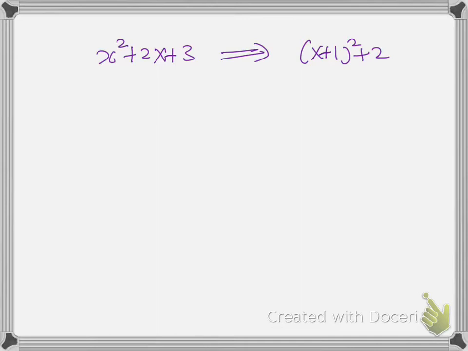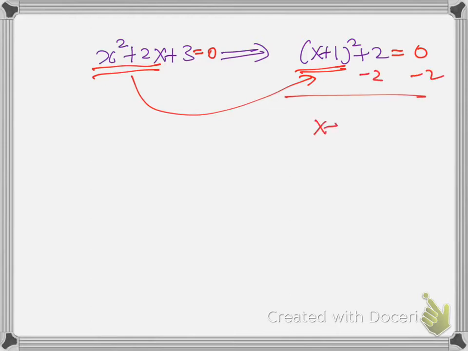Now if this is equal to 0, we change the left hand side to a square plus a number. That's called completing the square. Essentially we change this binomial to that square. Now we move the 2, minus 2 on both sides, and we get (x plus 1) squared is negative 2.